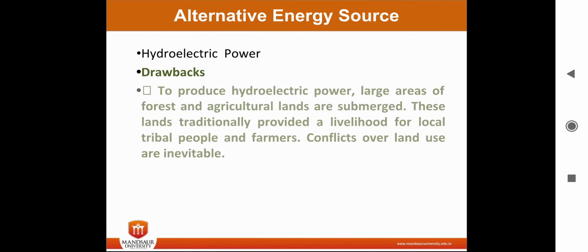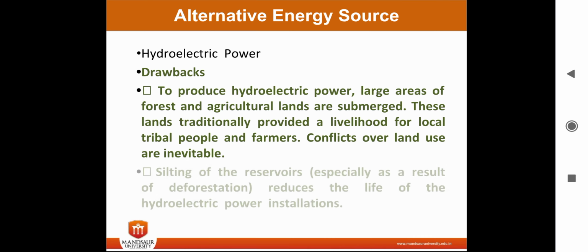Some drawbacks are also there. To produce hydroelectricity, large areas of forest and agricultural lands are submerged, and these lands traditionally provided a livelihood for local tribal people and farmers. Conflicts over land use are inevitable. Silting in reservoirs results from deforestation.